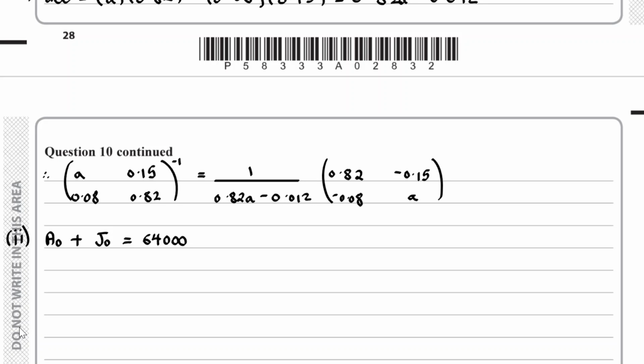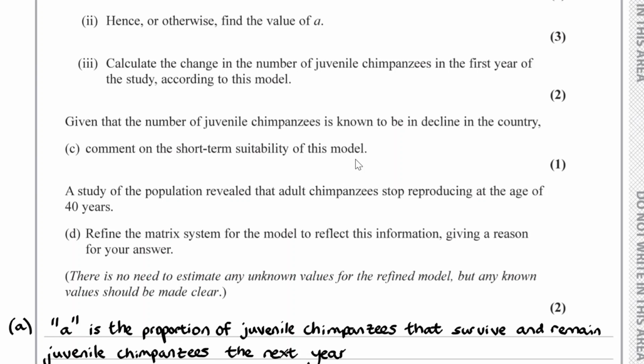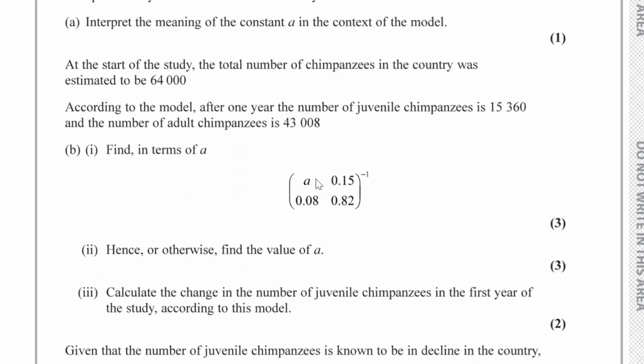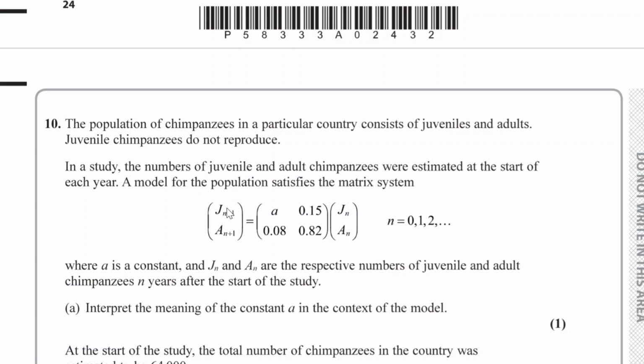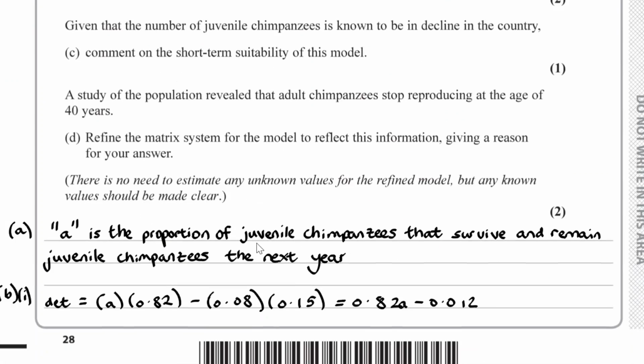And we know that after 1 year, the number of juveniles is 15,360, and the number of adults is 43,008. So if we substitute that back into here, we can form a simultaneous equation.